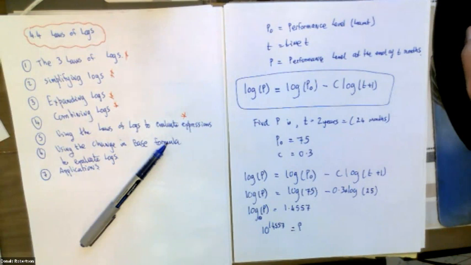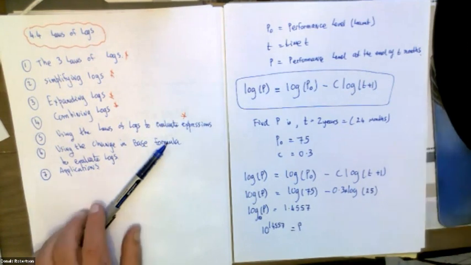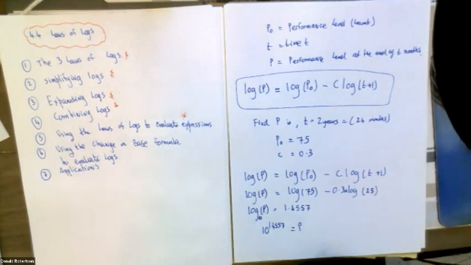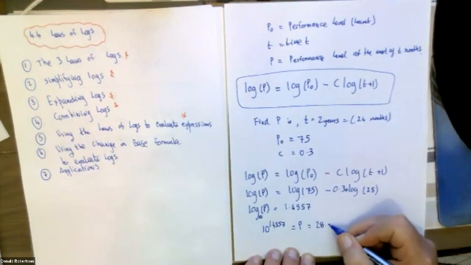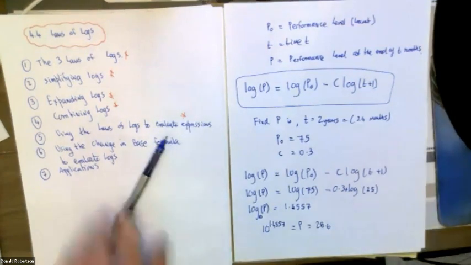So let's do it on my calculator. 10 to the power of 1.4557. And remember to hit enter. And I get 28.6 to 1 decimal place.